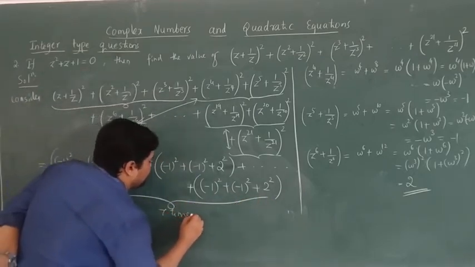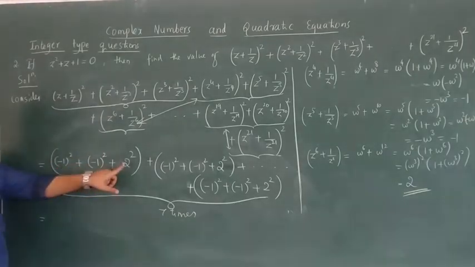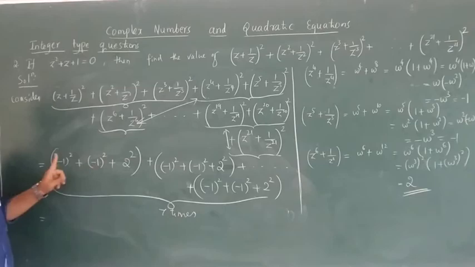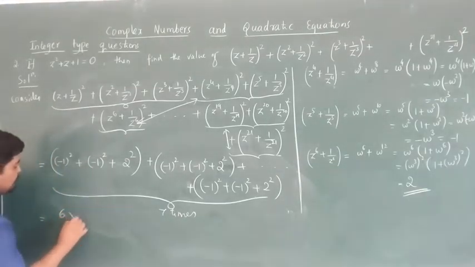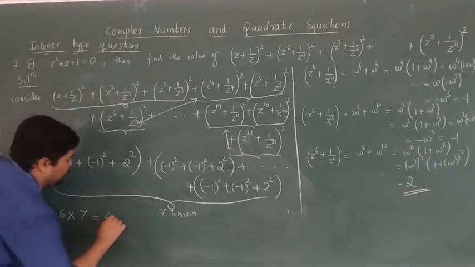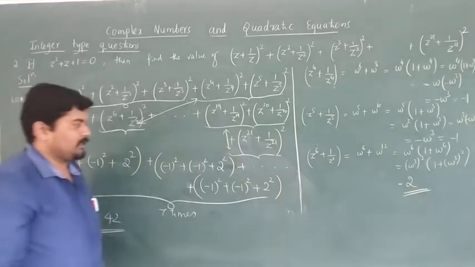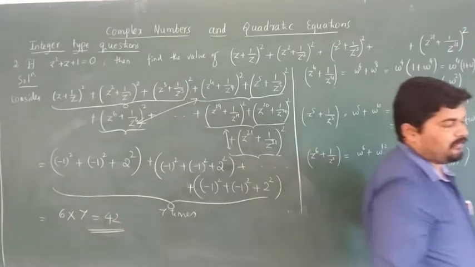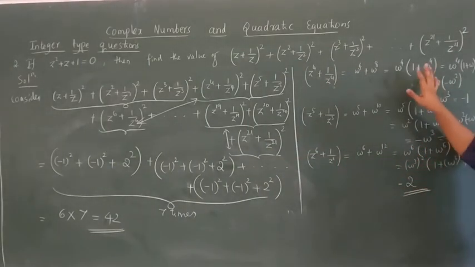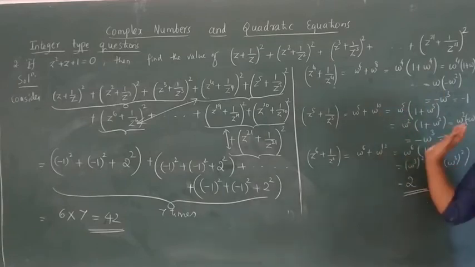That implies first find out the value of this group, that is 1 plus 1 plus 4, that is 6, and 6 into how many times it is repeated? 7 times. Therefore, the required answer for the given expression in this particular problem comes out as equal to 42. I hope you can easily understand the solution of this particular problem. The crucial part is let us verify these things properly. That's it.